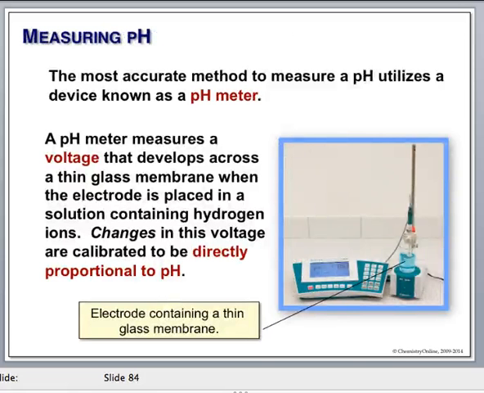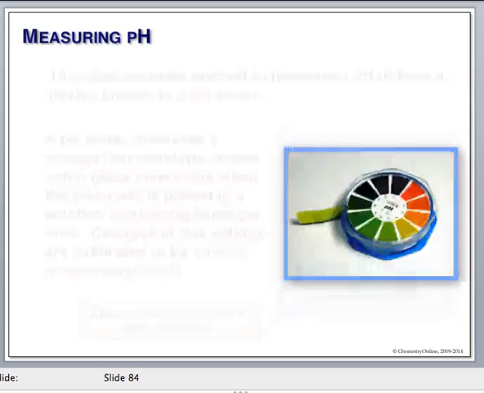By very thin, I mean the thickness of a hair. And if you bump it against the side of the beaker, it breaks, and they charge you $100. So you don't want to mess with them too much. But you set up a potential across this little membrane. The voltmeter reads it. You calibrate it with standards, and therefore you can determine a pH.